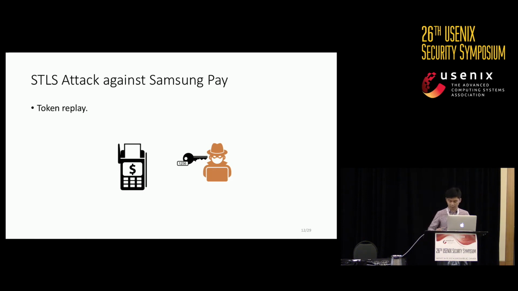The colluder, once receiving the token, can write it onto a magnetic strip card and then swipe the card at a valid POS machine. As a result, the money from the victim was stolen by the active attacker.